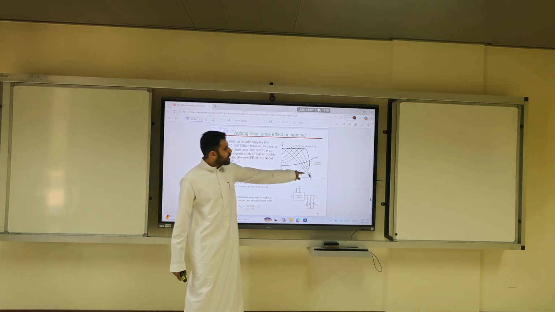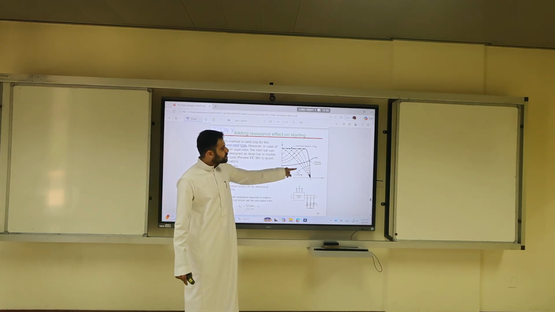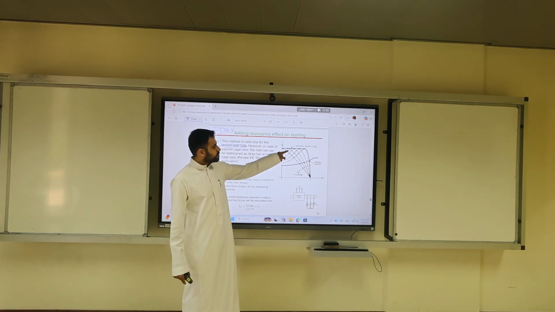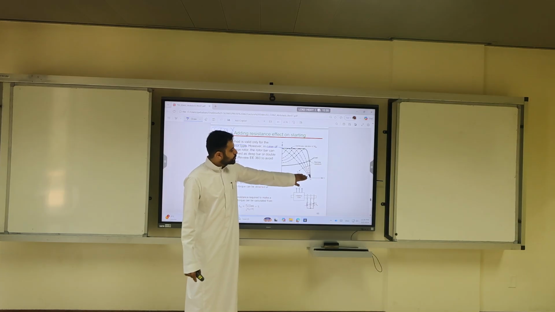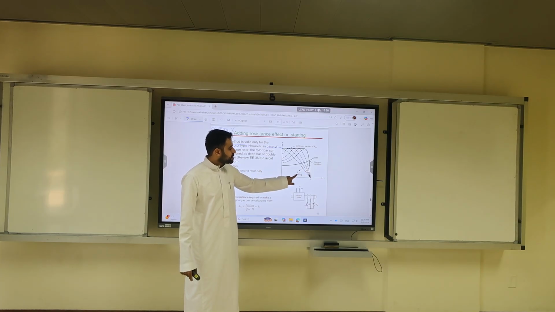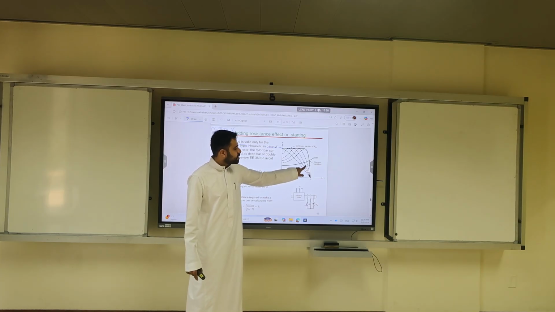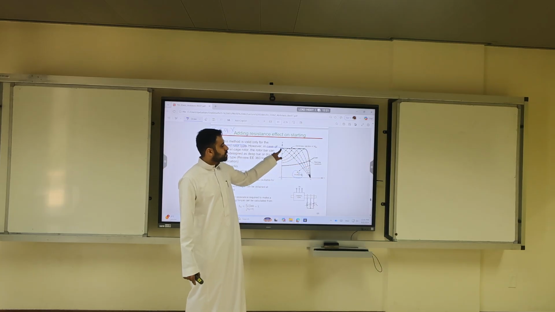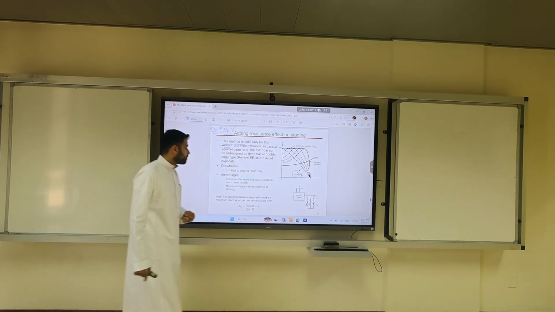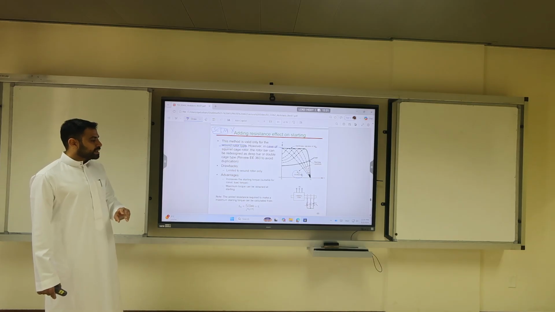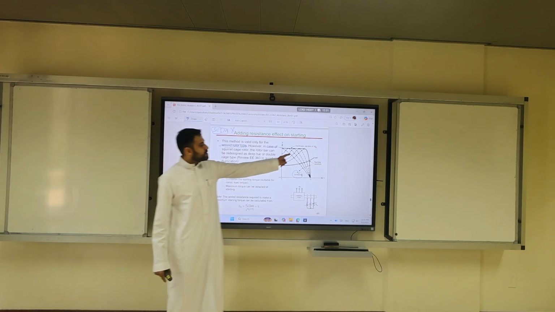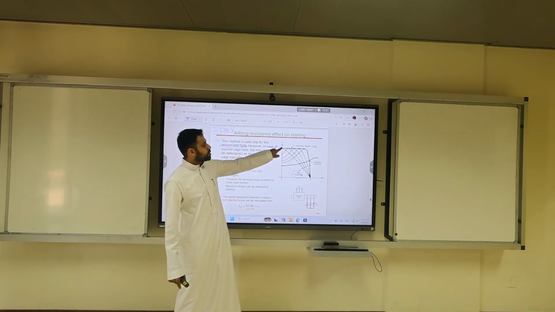So as we increase the external resistance, your starting torque increases. Maximum torque can be obtained at starting. So you can shift this peak all the way to the start.